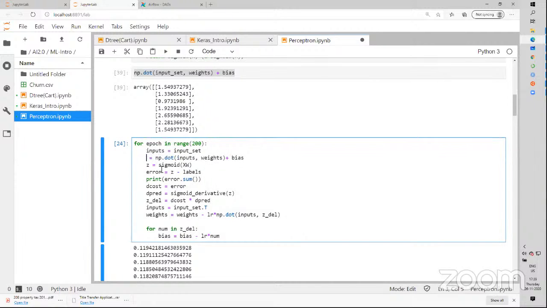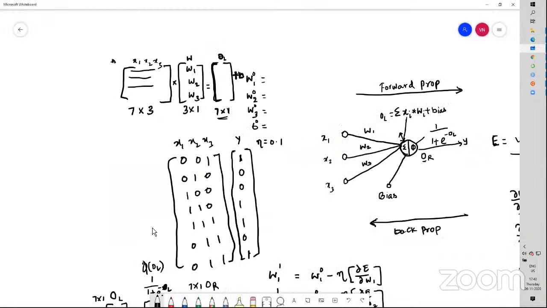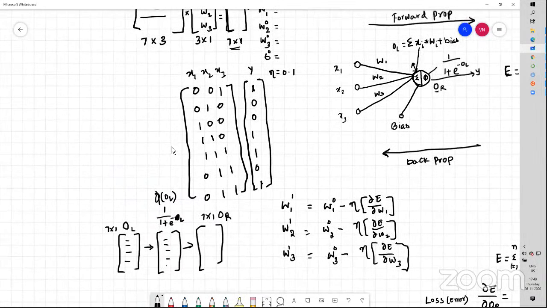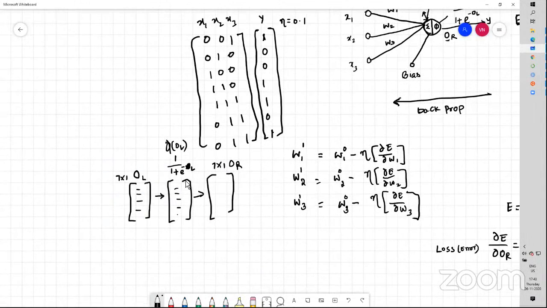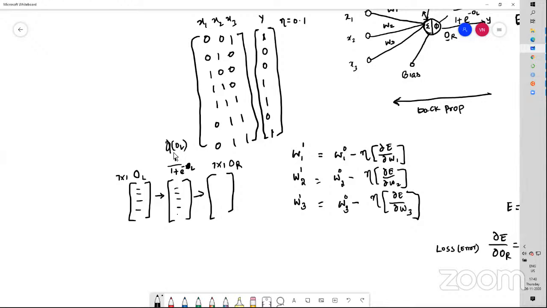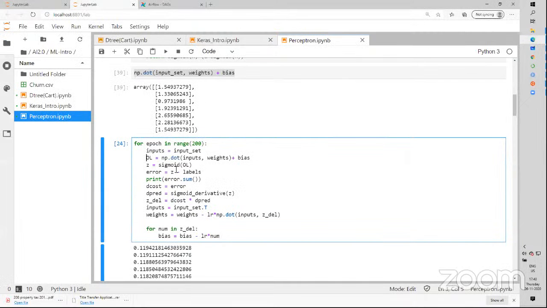So this is the output on the left hand side, OL, and we are giving that to the activation function. What is the activation function we are using here? Which is the sigmoid function. We have defined the function sigmoid already. So we are passing OL to that sigmoid.